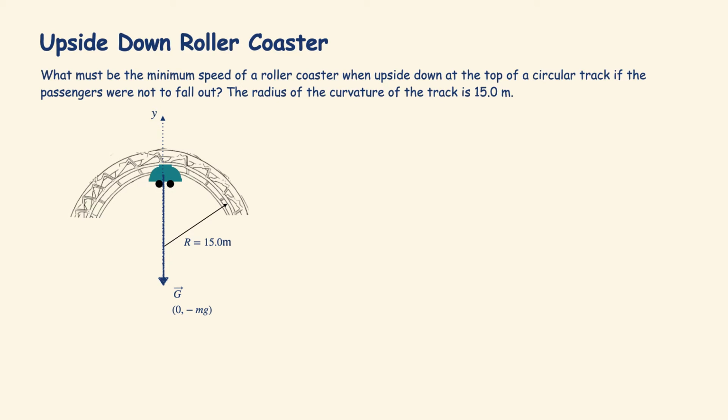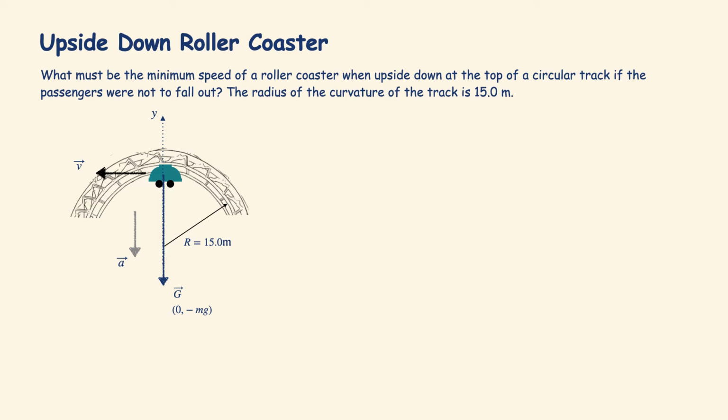Next, because the roller coaster is completing a portion of a circular motion here, I know its velocity is going to be in the horizontal direction just for one instant as it's passing the top of the track, and it's going to have a centripetal acceleration pointing towards the center of the circle.